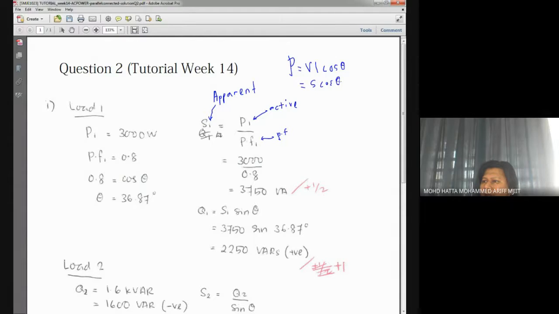If you bring the cos theta to the left hand side, you will get your apparent power.